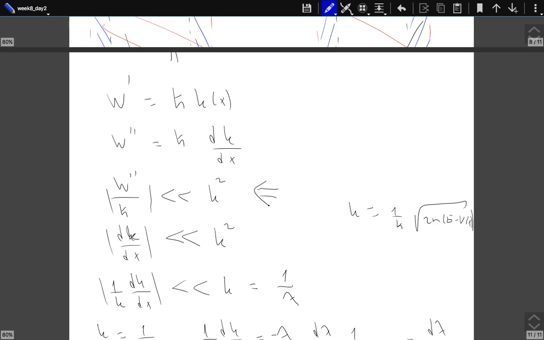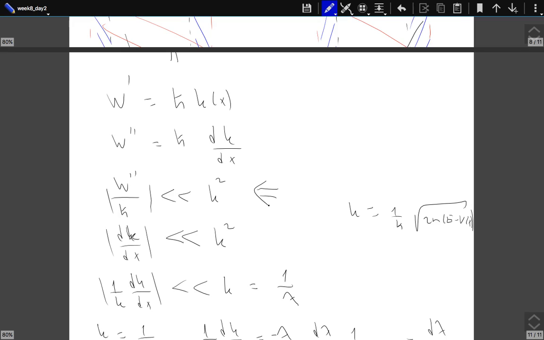It should be smooth, meaning that if you imagine the distance over which it changes by, let's say, 50%, that distance should be much larger than the wavelength.